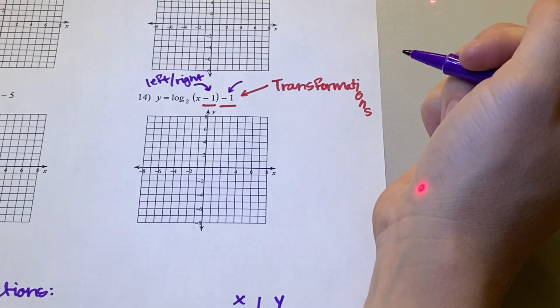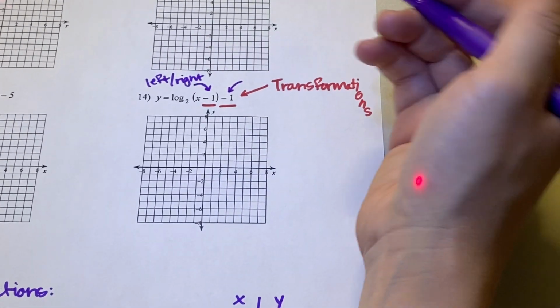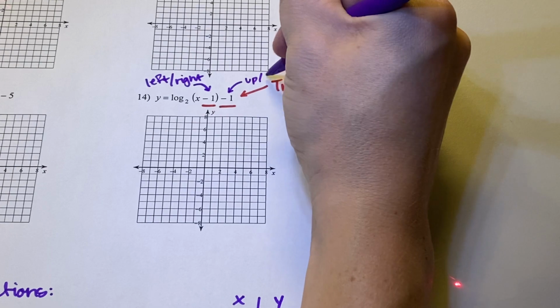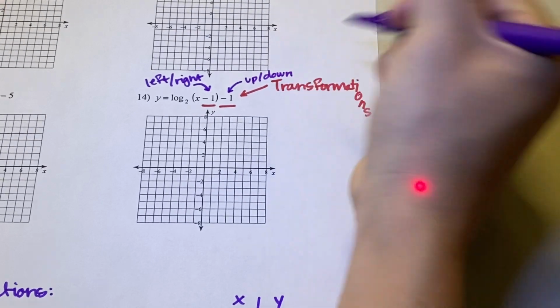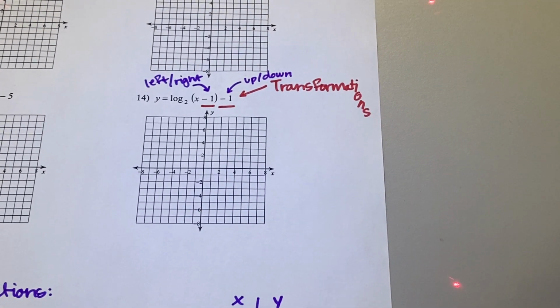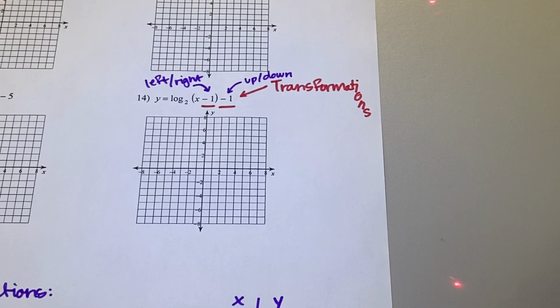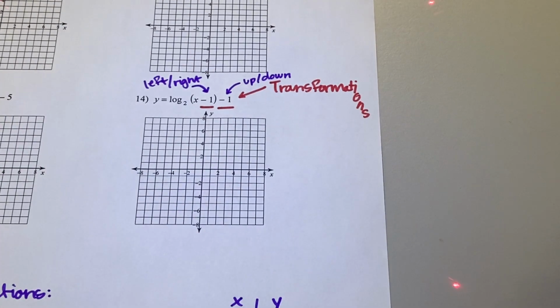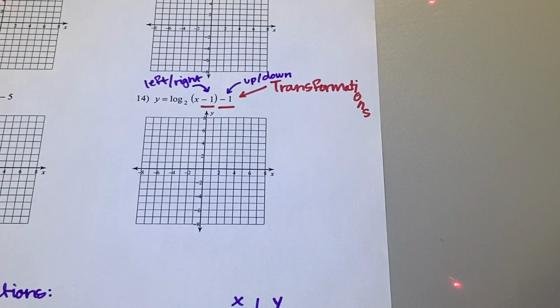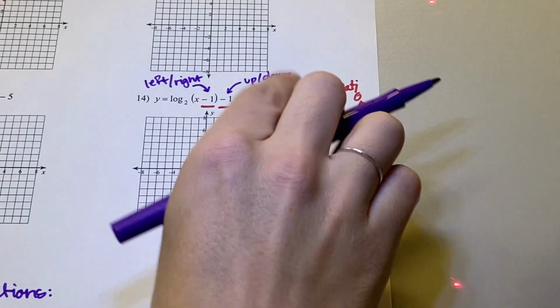Plus or minus on the outside of the parentheses is going to tell you to go up or down. This is legit like secondary math 3 big stuff. Inside the parentheses moves you left and right. Outside moves you up and down. So let's see how these moved.